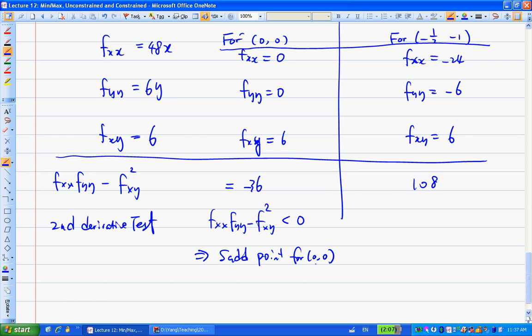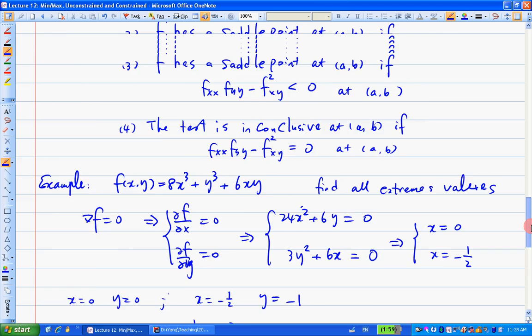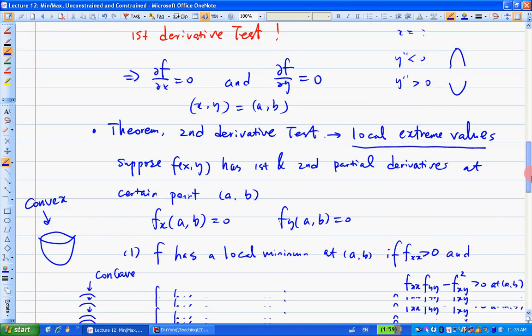Okay, so this is 0, 0. So that's simple. And for this one here, we find that fxx is less than 0, and this fxx fyy minus fxy squared is greater than 0 because it's 108. So overall, what kind of point is it?